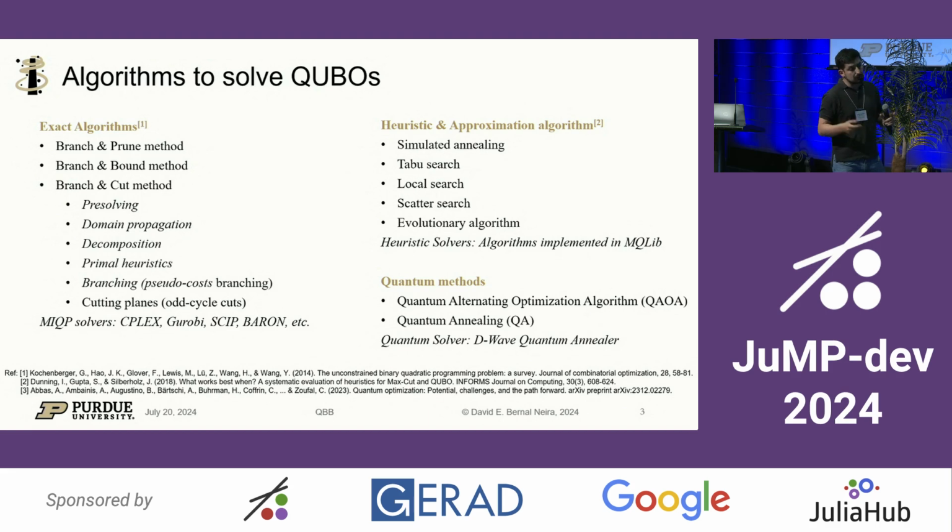And finally, for quantum methods, we care a lot about quantum methods. At least two big algorithms can address quadratic unconstrained binary optimization using quantum computing. One of them is implemented on gate-based computers, which people call the quantum alternating operator ansatz, or the quantum approximate optimization algorithm, QAOA, which for the sake of time I will not explain, but feel free to ask me about it.